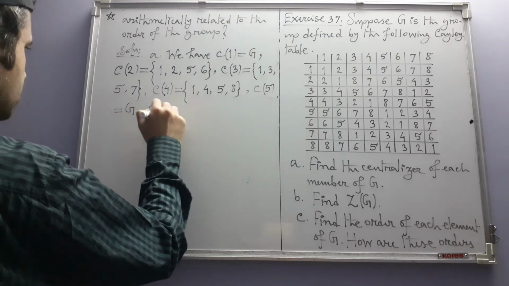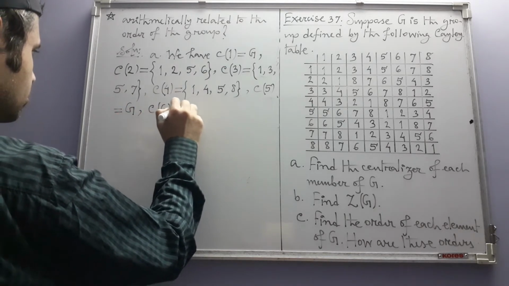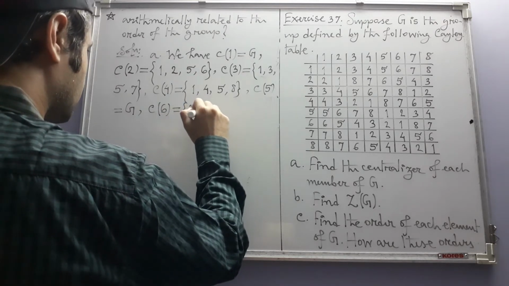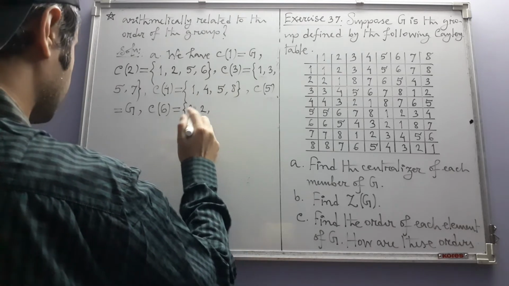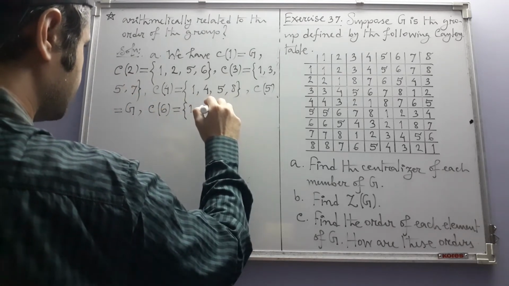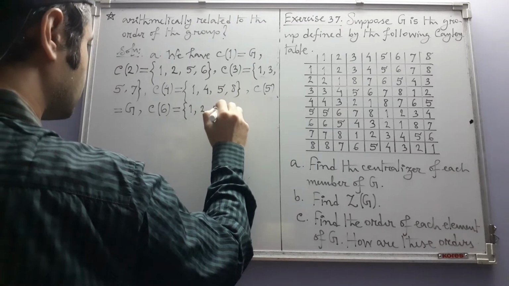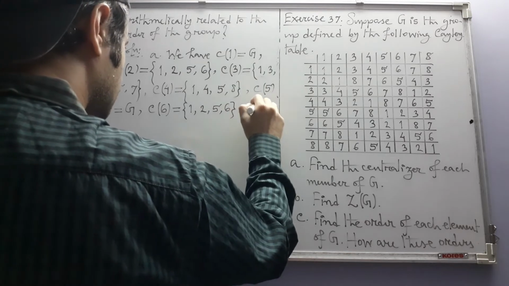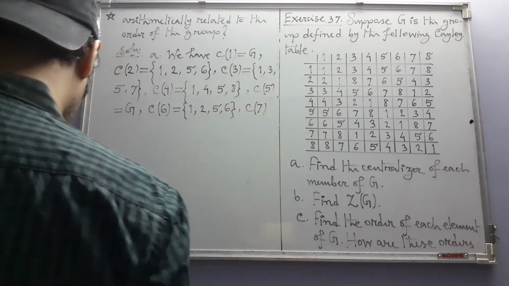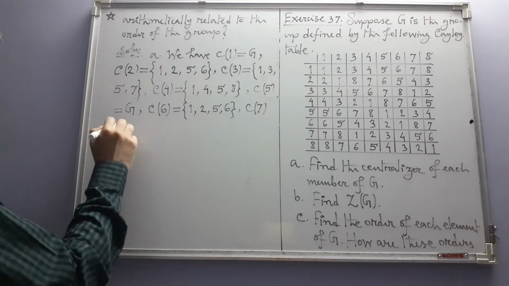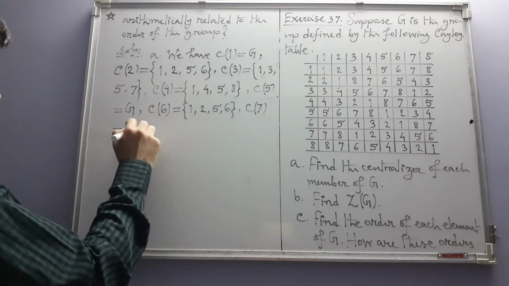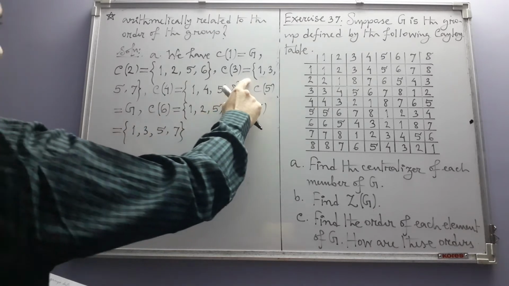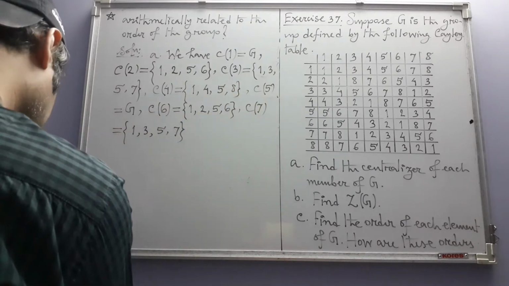C of 6 is 1, 2, 5, 6. So it's just the same as 2. Then C of 7 is 1, 3, 5, 7, same as C of 3.